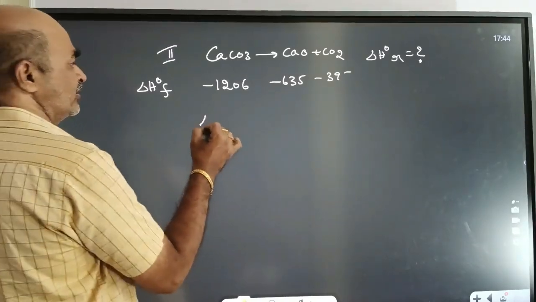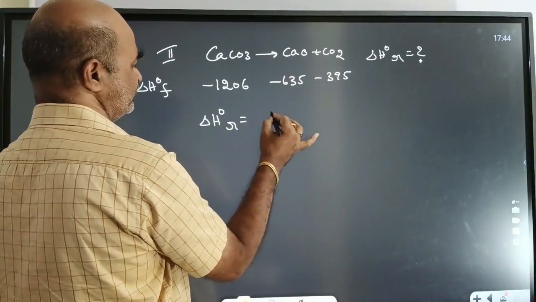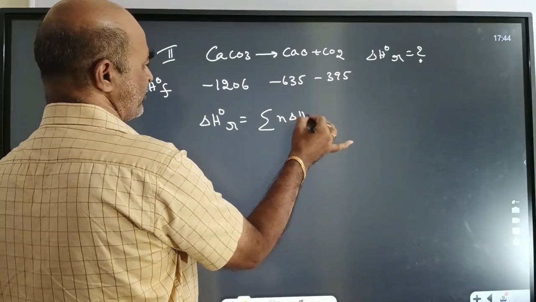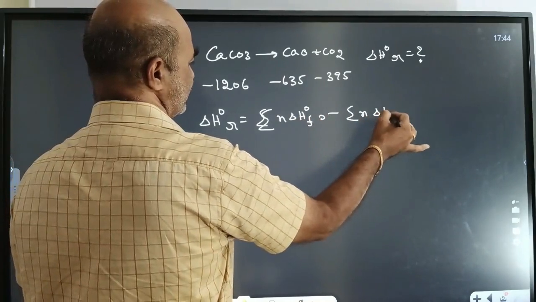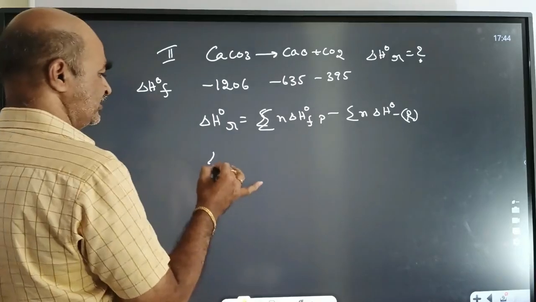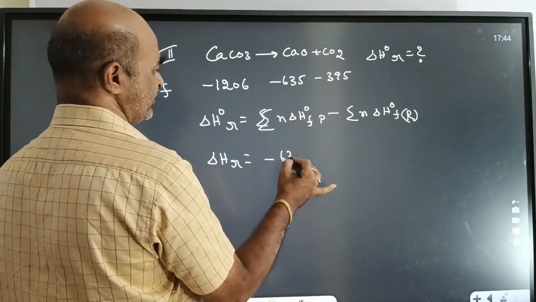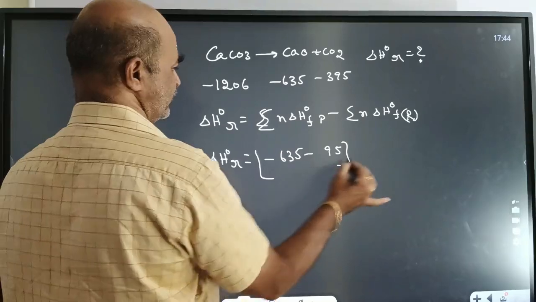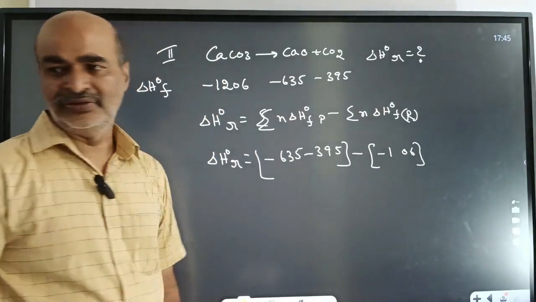So the enthalpy of reaction is equal to the sum of enthalpies of formation of products minus the sum of enthalpies of formation of reactants. The enthalpy of reaction is equal to minus 635 minus 395, minus of minus 1206.